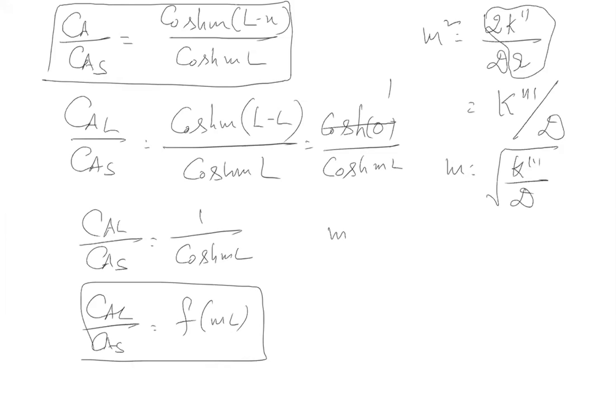Let's take mL equal to 0. Then what is CAL by CAS? What is cosh 0? 1. Suppose mL is equal to 0.1. Then what is CAL by CAS? Can somebody calculate cosh 0.1 and tell me?